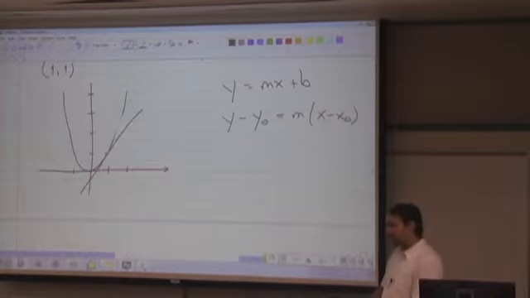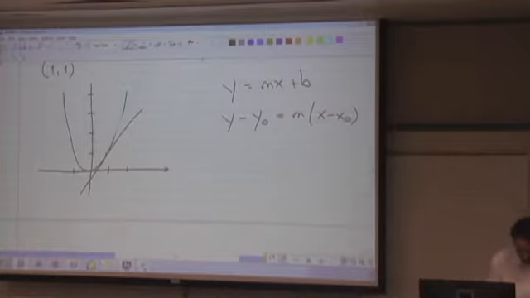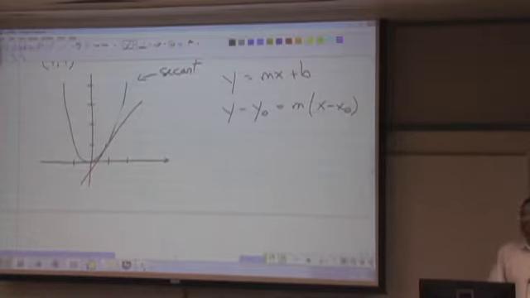So a secant to a graph is going through 2 points. So this is what we call a secant. It has nothing to do with the trigonometric secant. Okay.